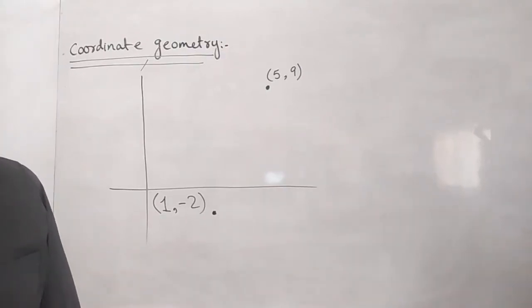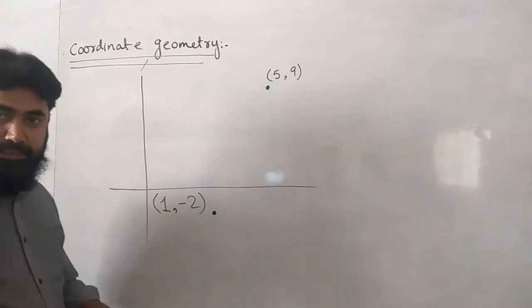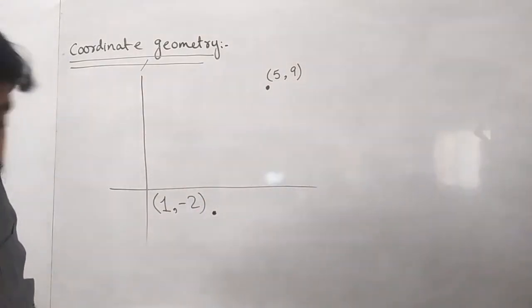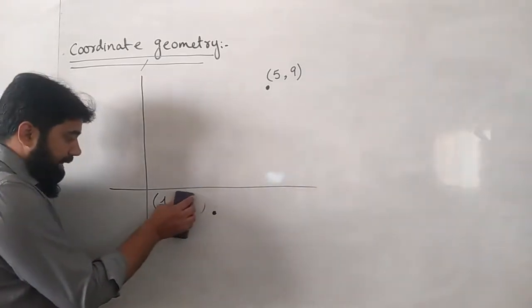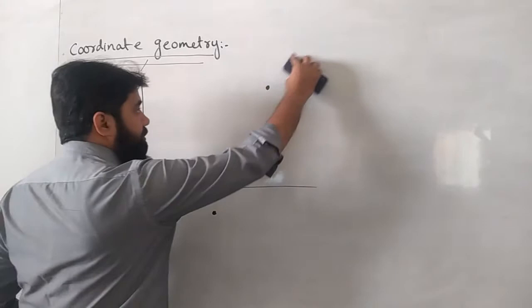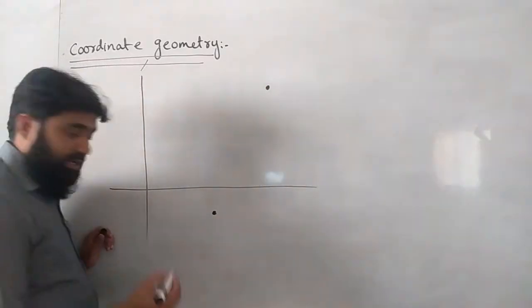So instead of giving them numbers, I am writing them in variable form, just to make it a general thing.